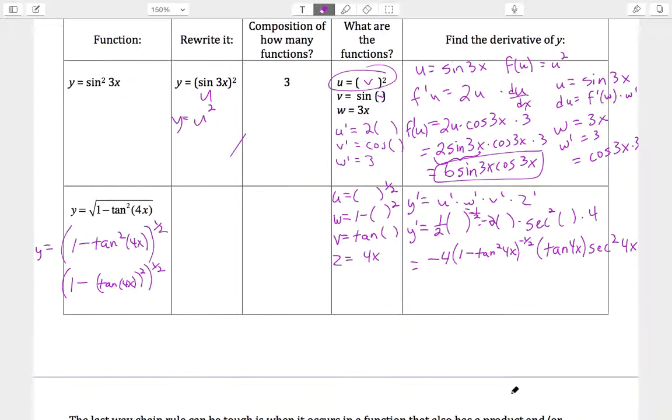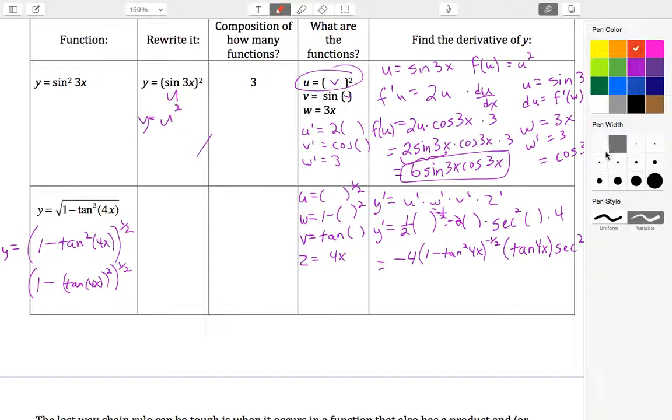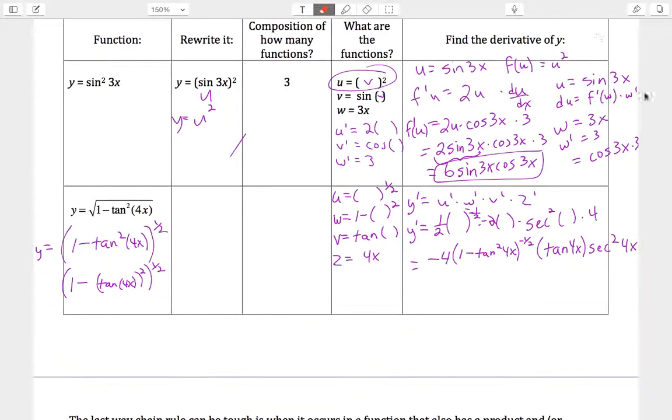You know how on the top one we did the derivative and then times the regular one for all of them? On the bottom we just did the derivative always, but we just didn't plug it back in. We could have. This is 1 minus tan squared 4x, right?